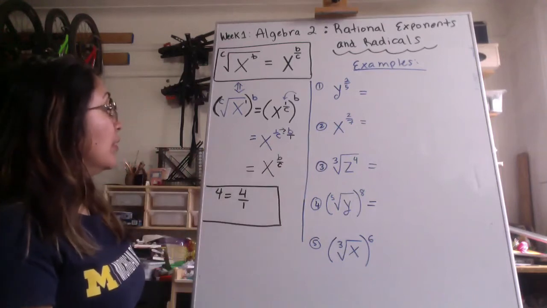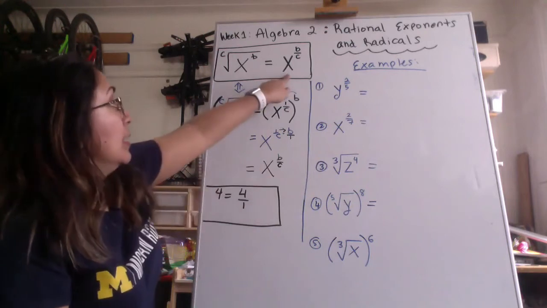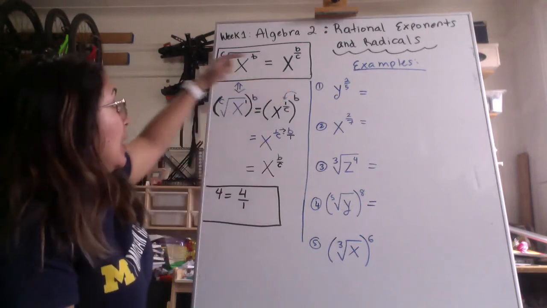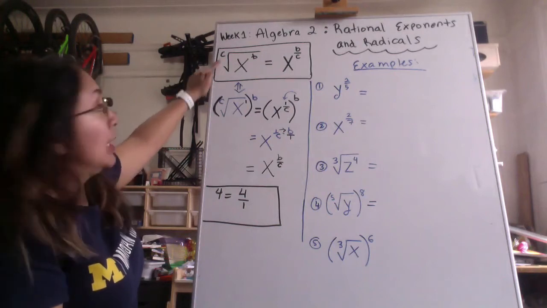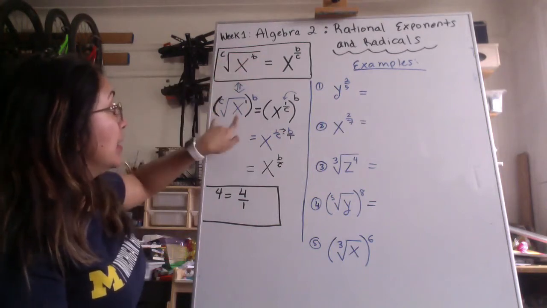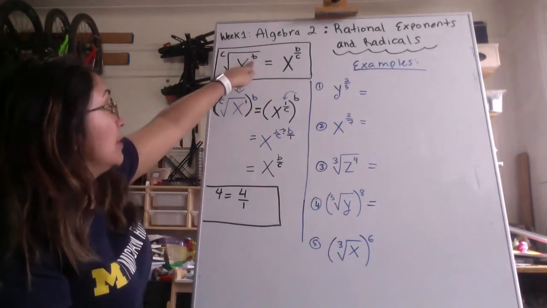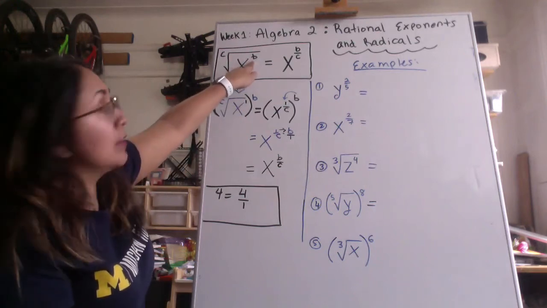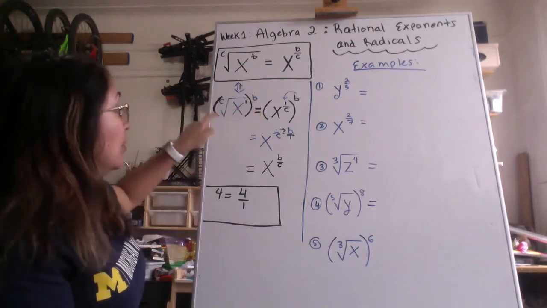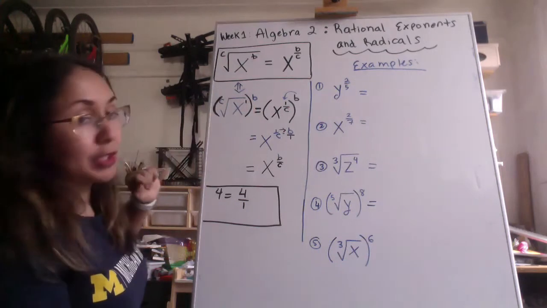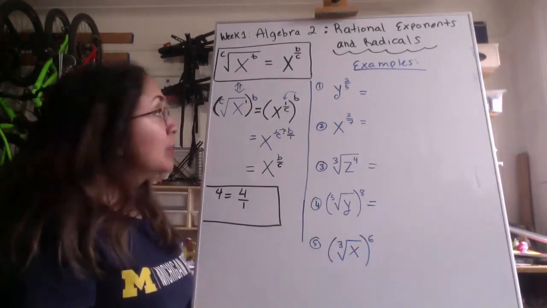So notice I got the exact same expression as I did here. Hence why this expression, radical index c to the power of b, is the same thing as this expression, where the exponent can be written inside the base, or it can come out as the exponent of this entire radical expression. So let's take a look at a few examples.